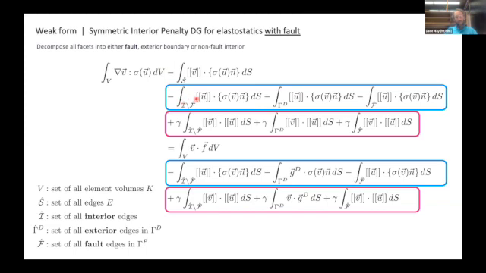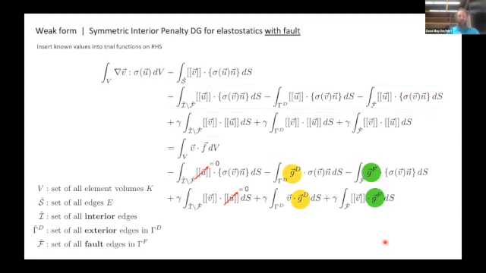You consider interior facets that are not part of the fault, facets which are part of the Dirichlet boundary, and facets which are living on the fault. Okay, so the same thing, add the same term to both sides, express the integral in terms of these three different facet regions, and then insert our known data into the trial functions which appear on the right-hand side.